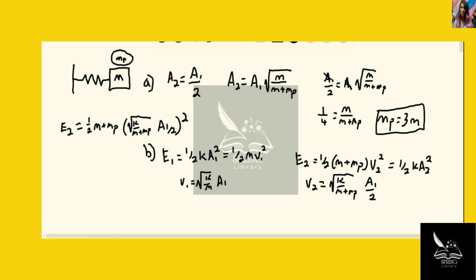And then we're going to divide that by the expression that we have for E1. A lot of things are going to cancel. The A1 squared is going to cancel for sure, and we're going to have this 1/2 cancel as well.